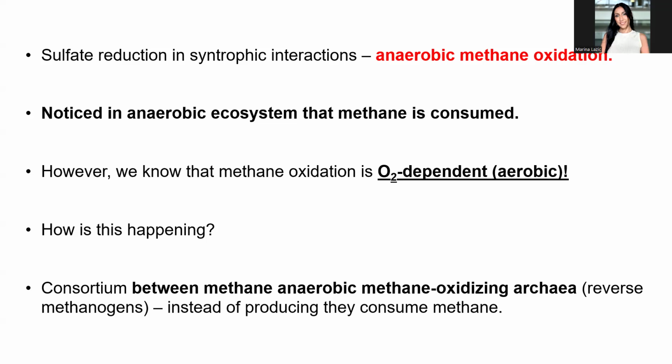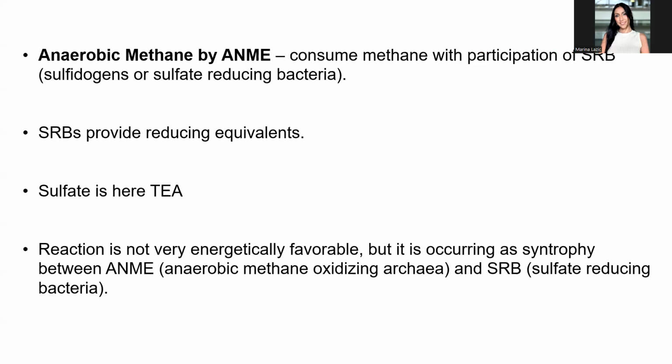So what do they have? ANME are consuming methane, and it has to be with the participation of sulfate-reducing bacteria. Like, they cannot live without each other. That activity of anaerobic methane oxidation won't exist without SRBs. And from what I know, ANME have not been isolated independently. Like, they're not found in axenic culture.